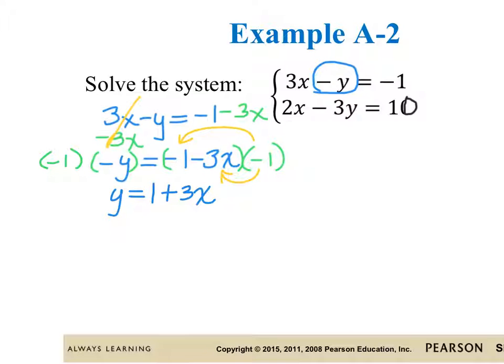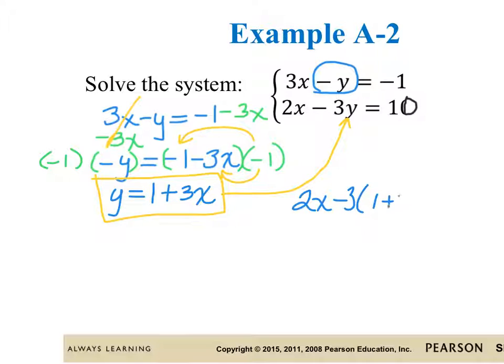So we will use that expression for y and substitute it into the other equation in place of y, which gives us 2x minus 3 times 1 plus 3x is equal to 10.